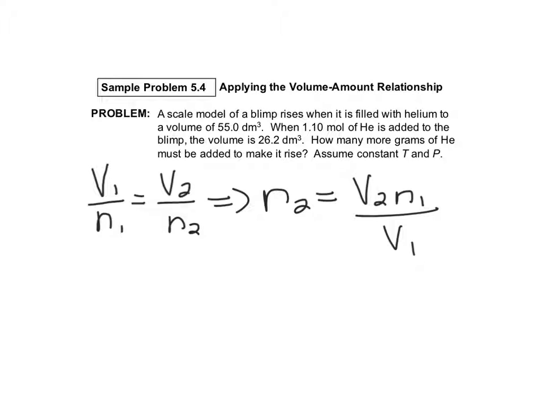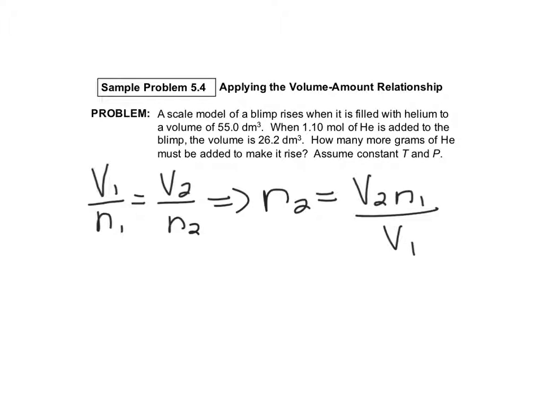That's how I do this algebra. I had to get this guy by itself, and I needed him up top. So I multiply both sides by N2 first, which put N2 over here. That means I needed to divide by V1, so that put it in the bottom. And I needed to multiply by N1, so that put it in the top to get this N2 by itself. So that's my algebra, and you can work that out for yourself to prove it to yourself if you don't feel comfortable with my explanation there.